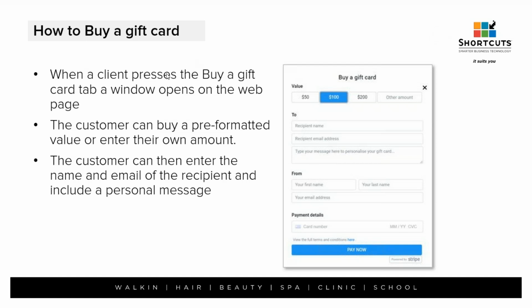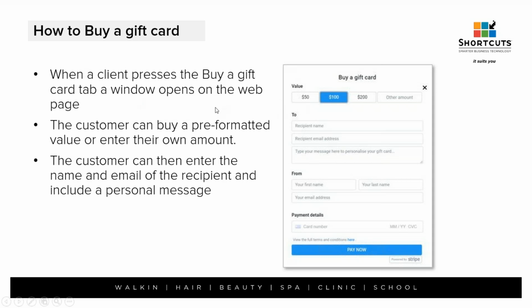Then the person purchasing the gift card puts in their contact information so that they can receive an email receipt, saying we have sent a gift card to this person with this information, and this is the value of the gift certificate you just purchased.